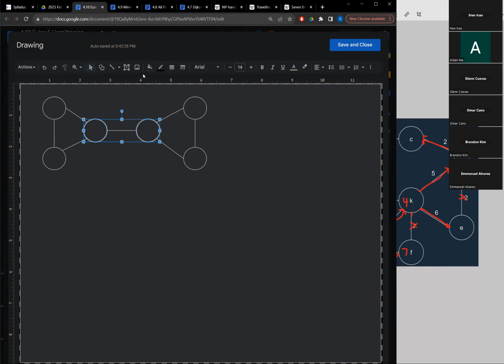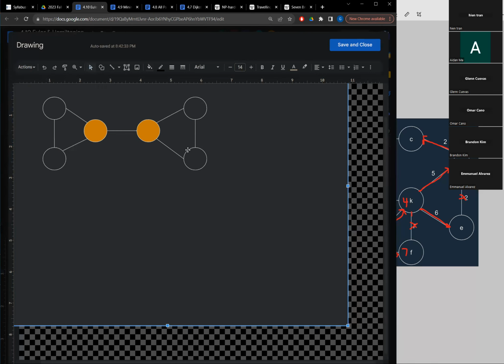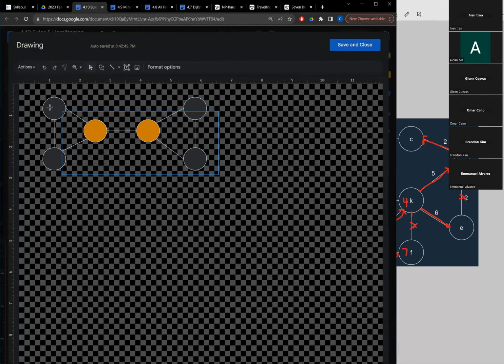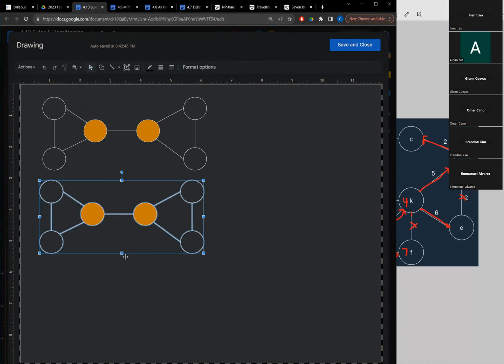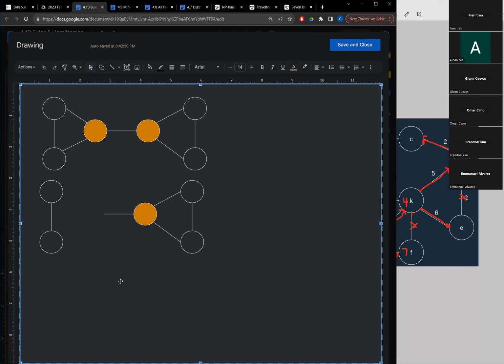All right, so these two vertices are cut vertices. If we were to remove either of these vertices from the graph, it becomes two graphs. The graph becomes discontinuous.